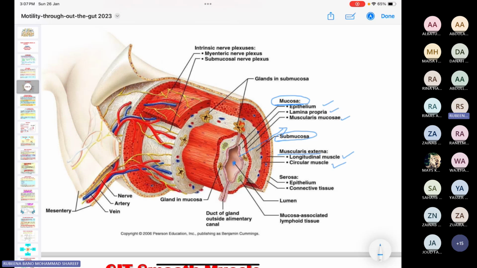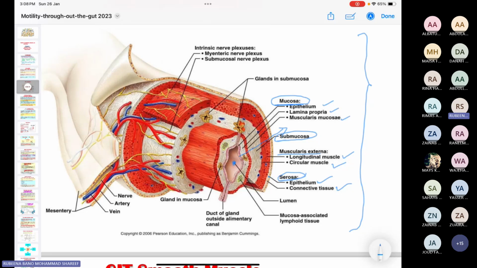And the outermost layer is called serosa, okay, which has 2 layers, epithelium and the connective tissue, right? Now, regarding this diagram, layers are important, as we have discussed that the innermost is mucosa, submucosa, muscularis, and serosa.